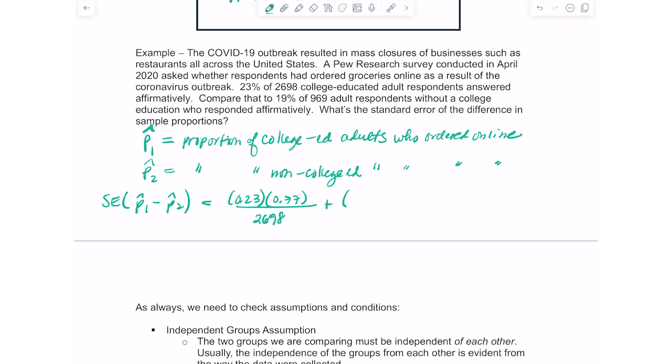There it's 19%, so 0.19, and 1 minus 0.19 is 0.81. Then I'm going to divide that by the sample size of the non-college educated adults, and then take the square root. Be really careful typing that into your calculator. But when it's all said and done, you should end up with 0.015. That's the standard error of the difference of the sample proportions for both of those samples.